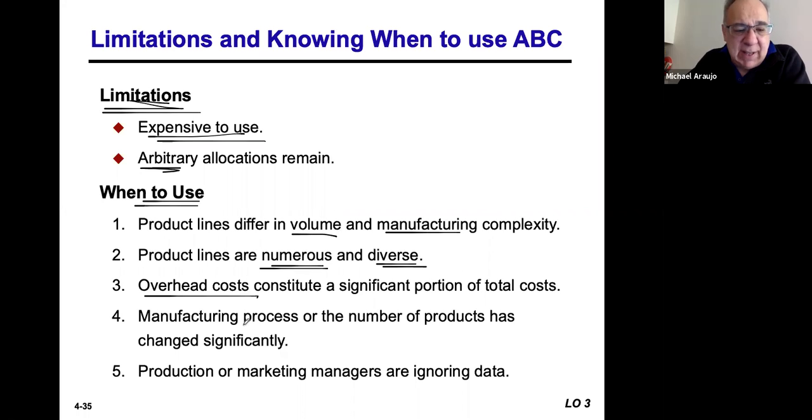The process they use for manufacturing the product has changed significantly. And if the data that you do have is being ignored by the production managers and the market managers, it's time to use a new system to put more effective data in their face so they can use that.